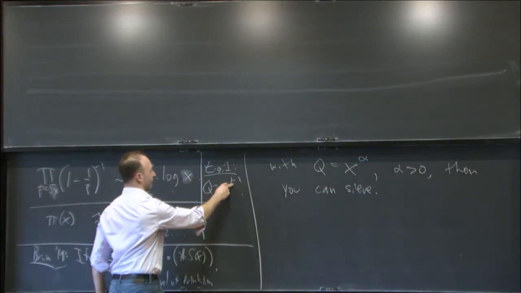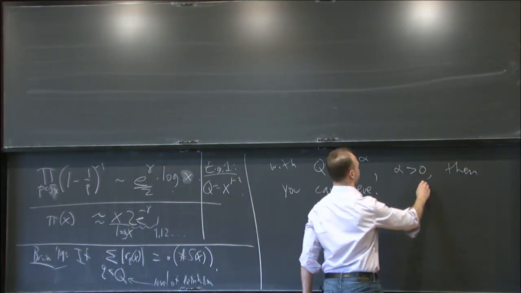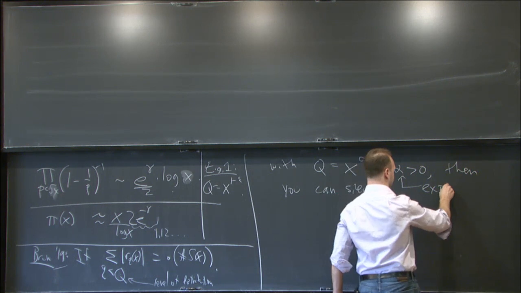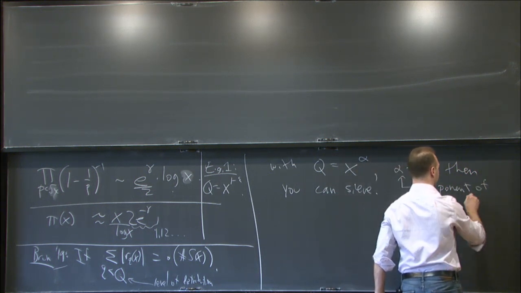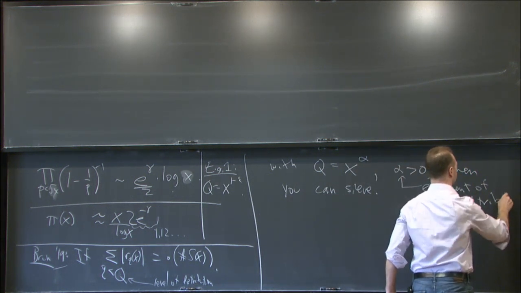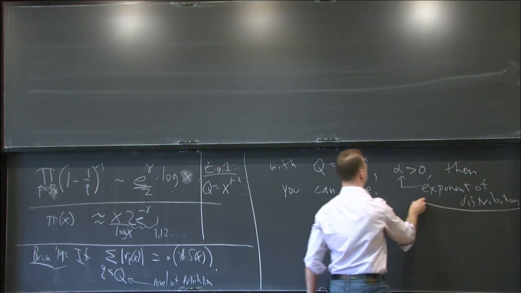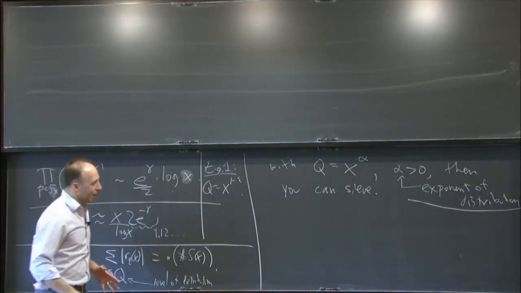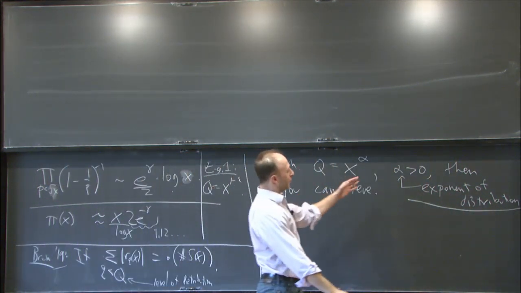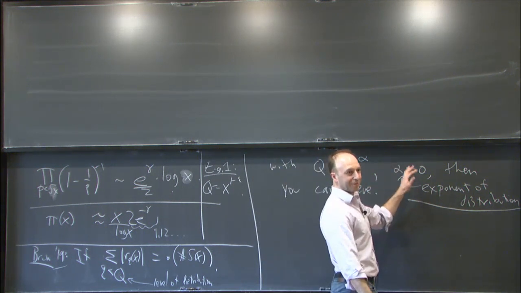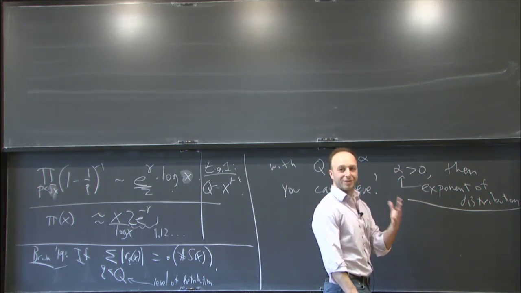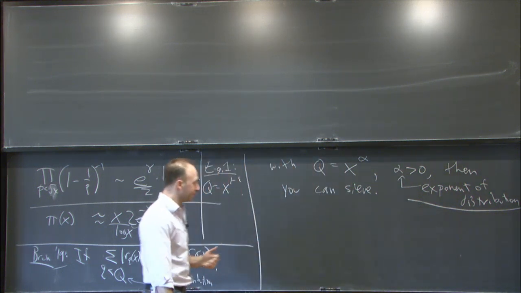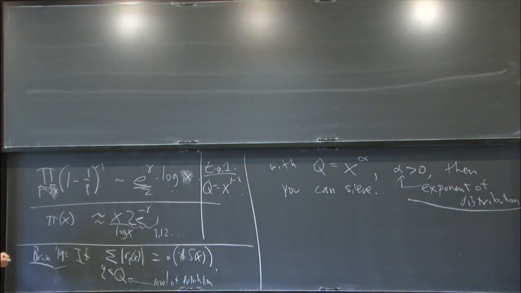In this case, this alpha is called the exponent of distribution. So what I want to explain is how the spectral gap gives a positive exponent of distribution, and that's why the affine sieve works. Okay, in a very kind of baby way.